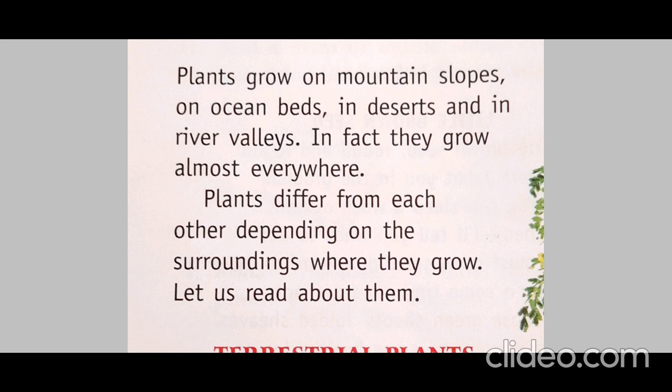So, according to their surroundings, we will learn different types of plants like terrestrial plants, aquatic plants, floating. In aquatic plants, we will learn floating, fixed, underwater plants and the plants of the grass family, some unusual plants and also the rainforest. So first, terrestrial plants.